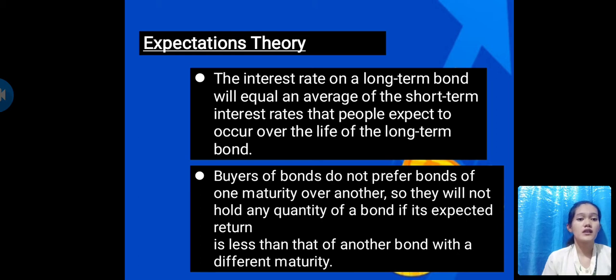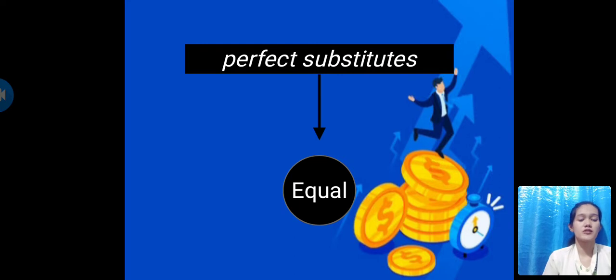The key assumption of this theory is that buyers of bonds do not prefer bonds of one maturity over another, so they will not hold any quantity of a bond if its expected return is less than that of another bond with a different maturity. Bonds that have these characteristics are said to be perfect substitutes.